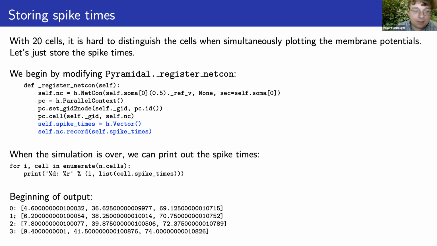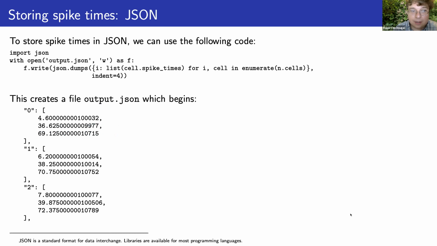Cell 1 fires a little later, 6.2 milliseconds, 38.25 milliseconds, 70.75 milliseconds. Then cell 2 at 7.8 milliseconds, 39.875, 72.375, and so forth and so on. So now that I have this, I might want to store this in any of a number of ways.